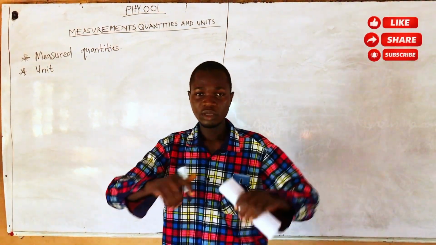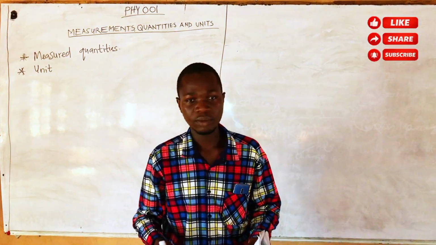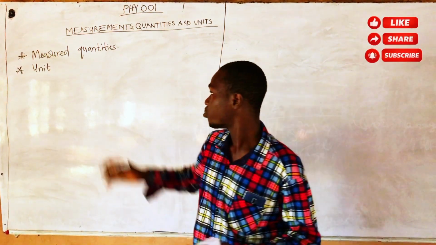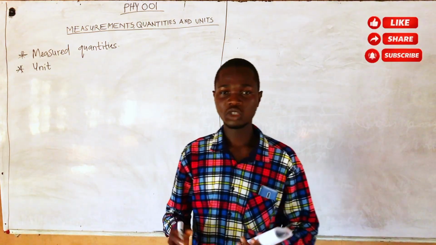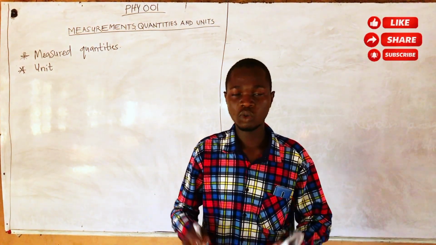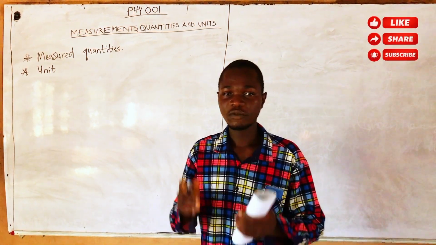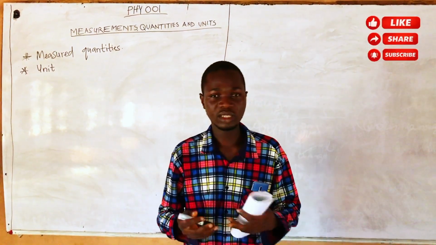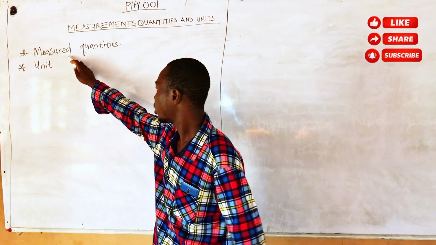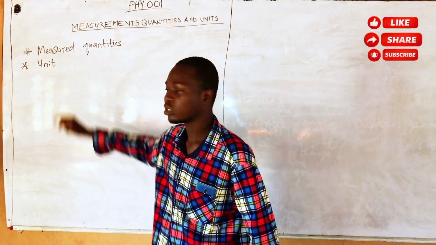So in a scientific experiment, the measured value or the measured quantity that is used is referred to as the physical quantity. The physical quantity is divided into two things: the measured quantity and the unit.